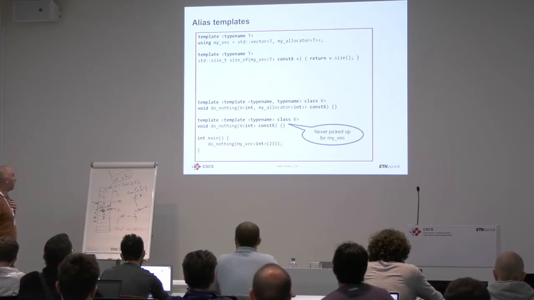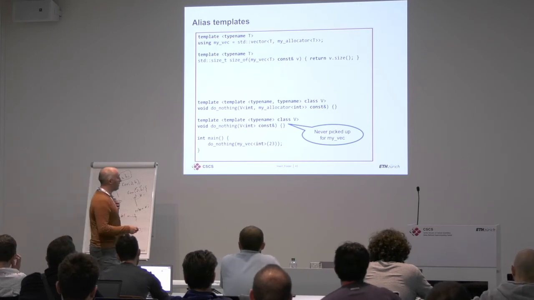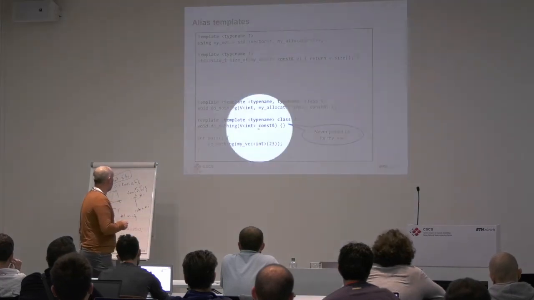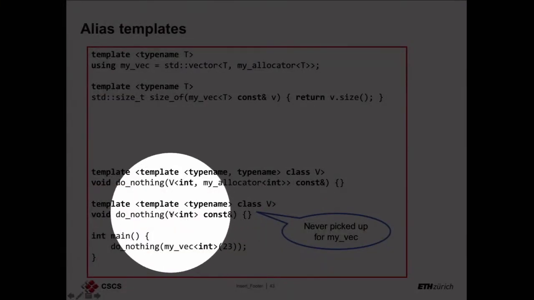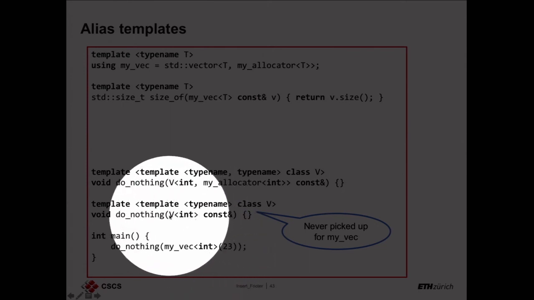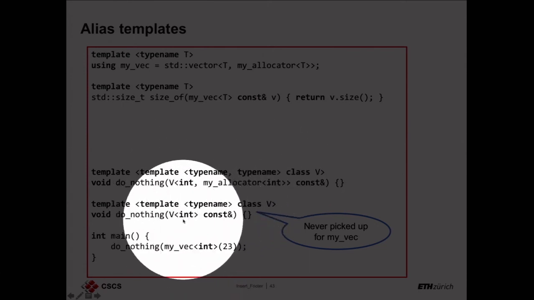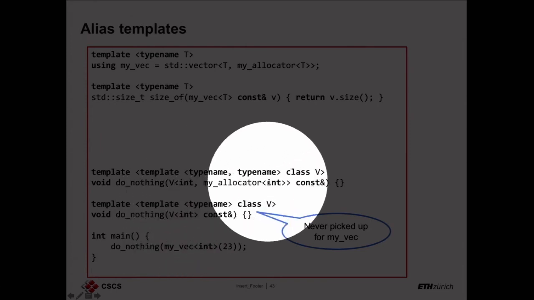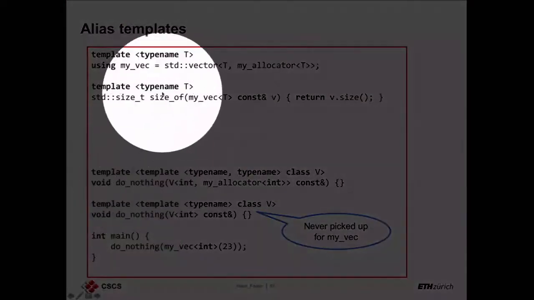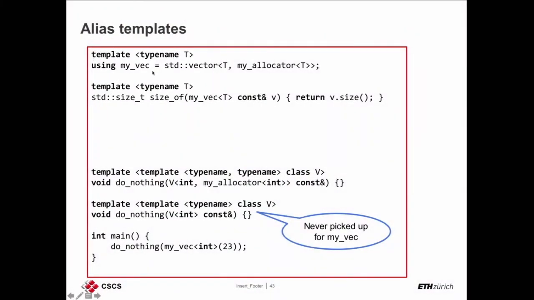So here again, you can have functions that are never picked up because, for instance, here I want something which is a v of integer and call my vector of integer, but it will not be picked up because std::vector has two template arguments and not one. So myvec is std::vector and is not a type. If I define myvec as a class, then I can do that. But if I define it just as an alias template, it would not.